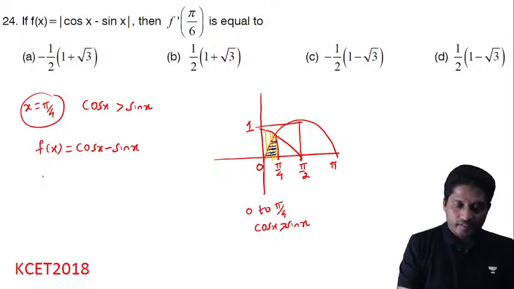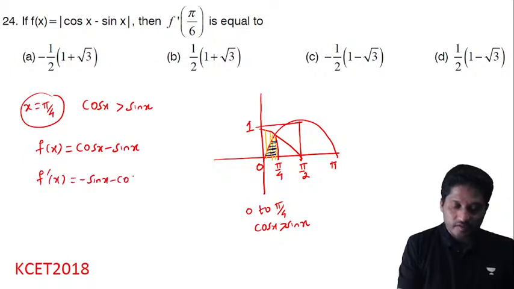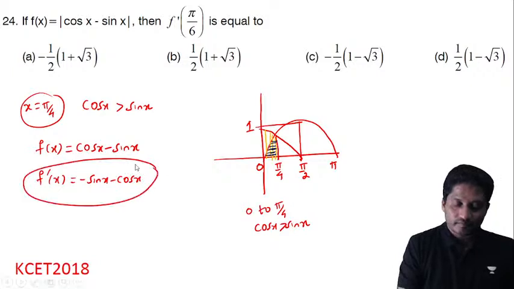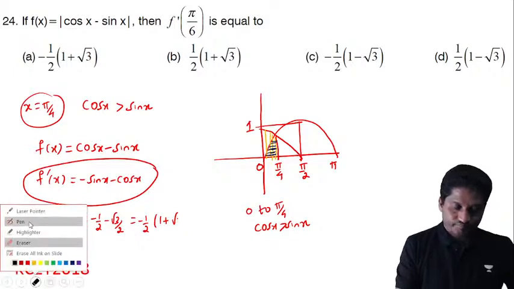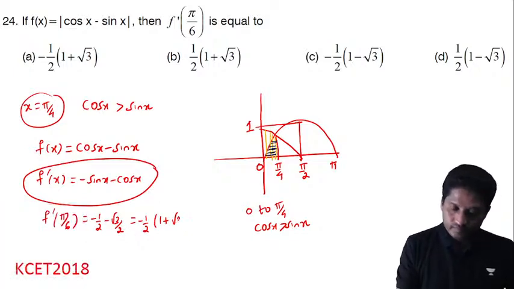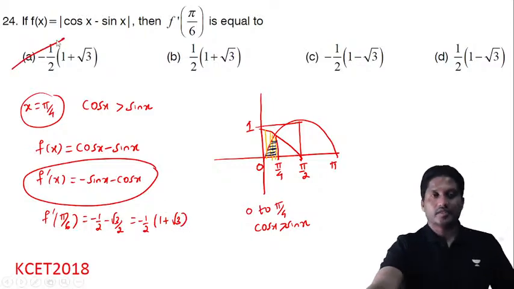Now if I differentiate, differentiation of cos x is minus sin x, differentiation of minus sin is minus cos. f dash of pi by 6: sin 30 is half, cos 30 is root 3 by 2. If I take minus half outside, you will get 1 plus root 3. That's the first option.